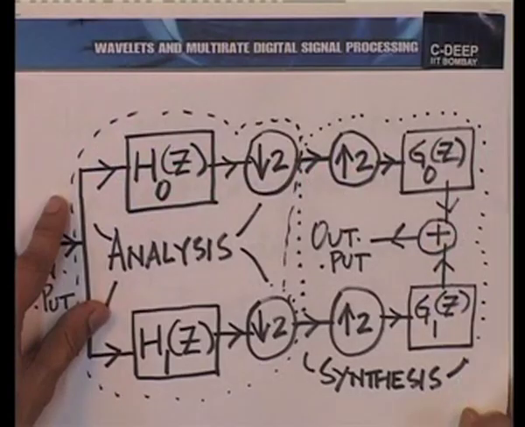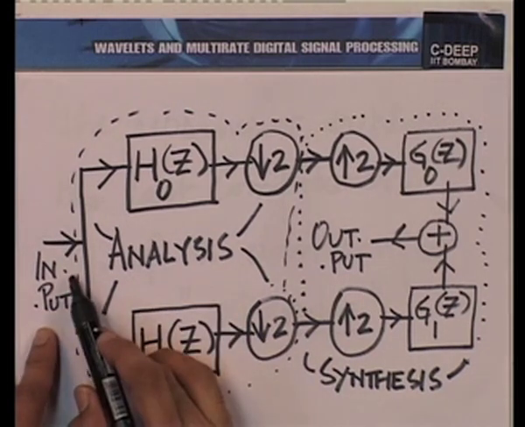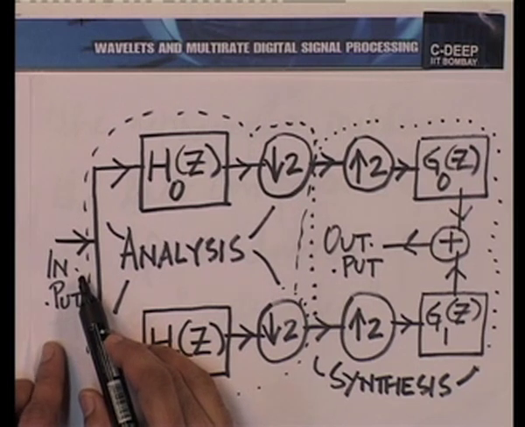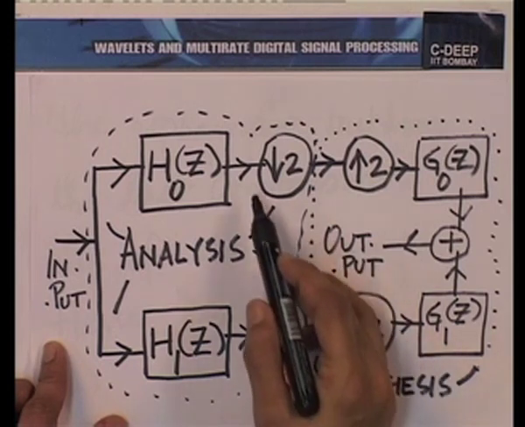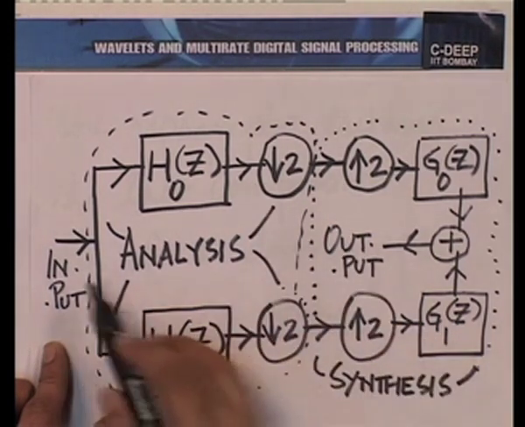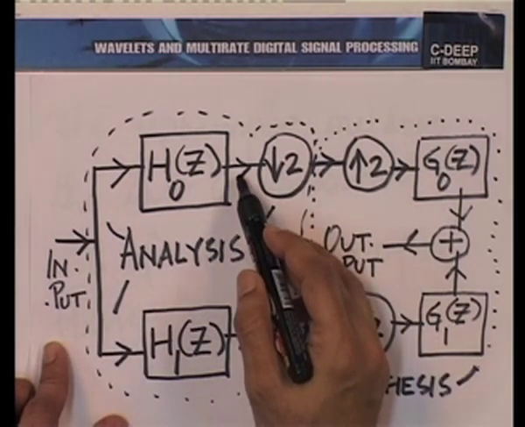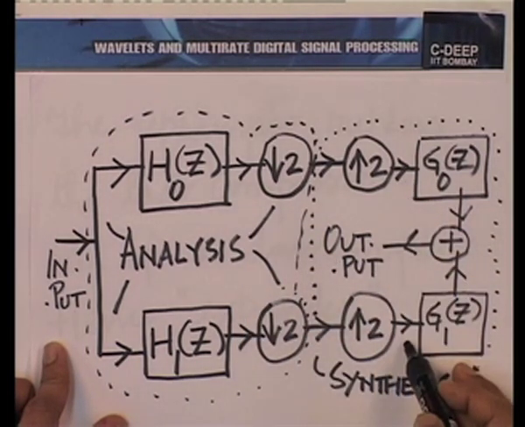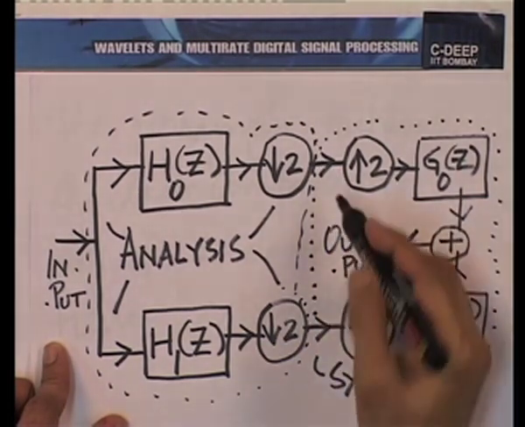You know, if you look back at this 2-channel filter bank here, what we are effectively saying is that there is one sampling rate operating here at the input, and the same sampling rate operates here at the output. However, although the sampling rate here and the sampling rate here, which are the same, also operate after these filters and before and after these filters, they do not operate here, you know.